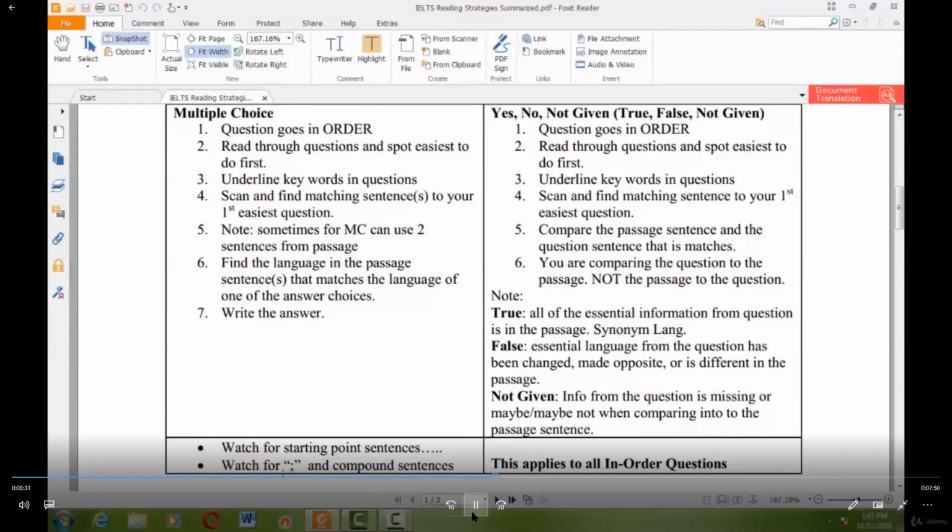You might have a sentence with a semicolon in the reading passage, and a semicolon is really a separation of two clauses. What they're doing many times is they'll take that sentence in the reading passage that has a semicolon separating the two clauses, and then create it into one sentence for a question.